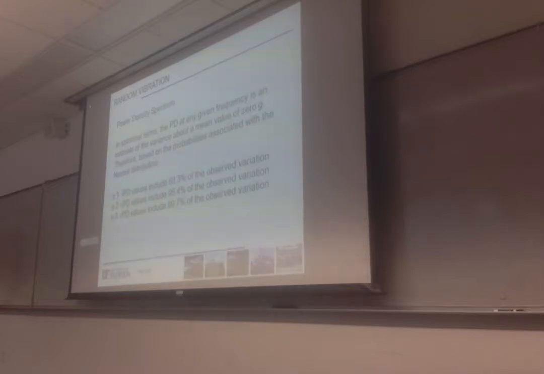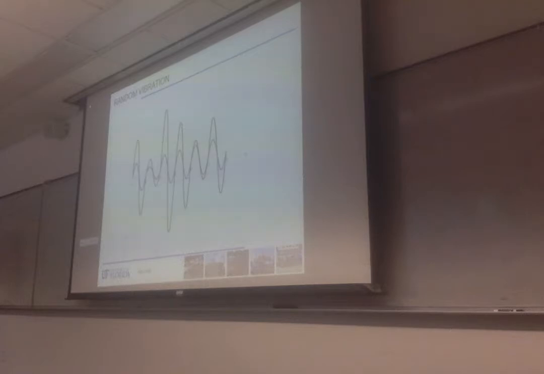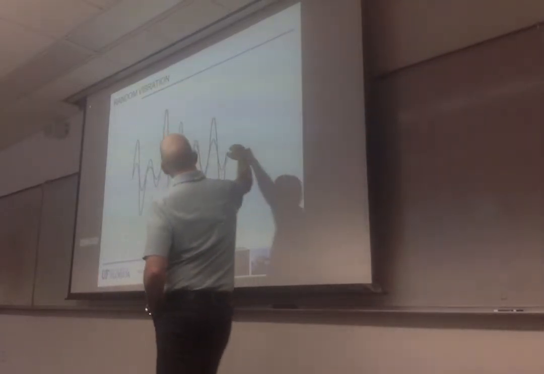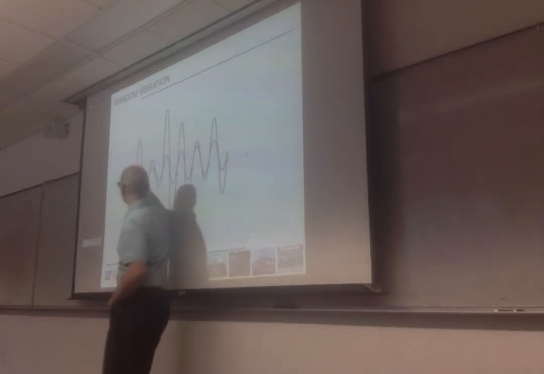So what we're going to see is that in terms of statistics, okay, the power density is very close. So it's related to the variance about a mean value of 0 g, okay? So what is assumed, okay, is that if you look at any of these variations, okay, the average is going to be 0, okay?